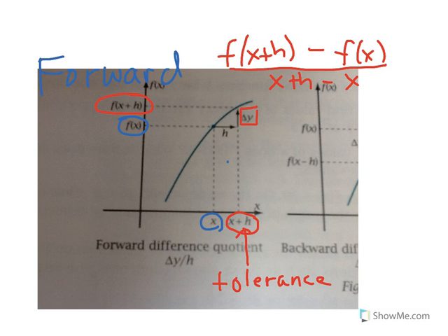Now if you think about it for just a minute, in the bottom of this fraction the two x's are going to cancel, so really what we're left with is just plain h, which is shown down in here. Okay, we have delta y divided by h. That's what a forward difference quotient is going to look like. Let's take a look at the next one, which is called a backward difference quotient, and see what's different about that.